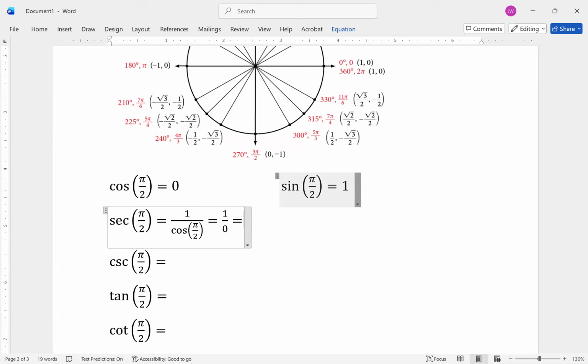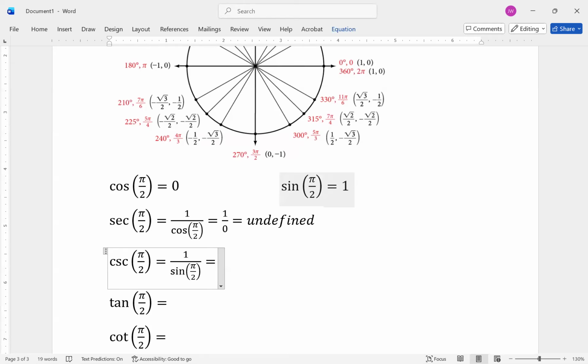And that means secant of pi over 2 is undefined. Cosecant would be 1 over sine of pi over 2. And that's 1 over 1, which is defined. And obviously that's 1. So cosecant is defined here because we can divide by 1. Secant is not defined because we cannot divide by 0.